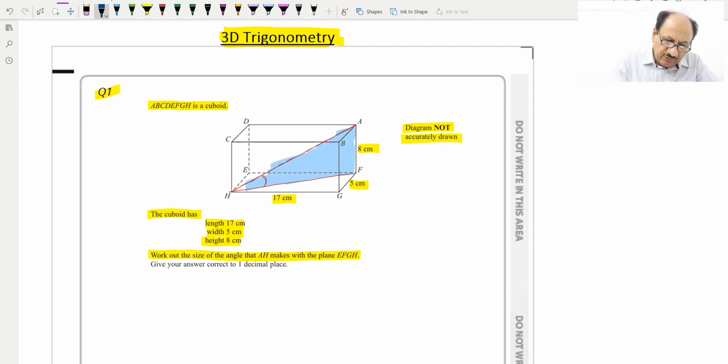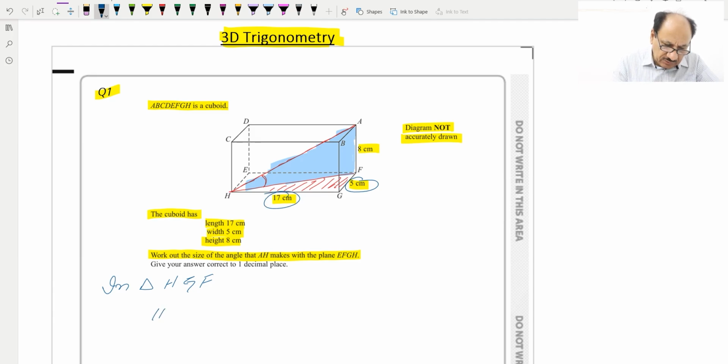First we will find HF. We will be considering this triangle first because we need AF. So we need to find HF, so in triangle HGF, we can take Pythagoras theorem, because we have these two sides.